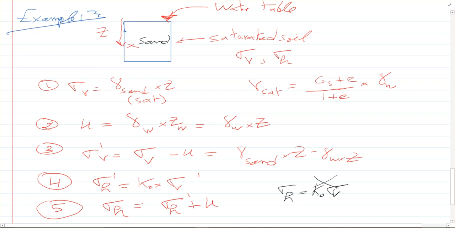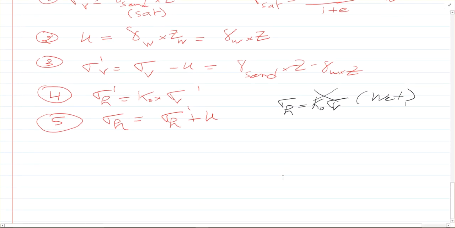No, this is wrong. For wet soils this is wrong. Why? Because K naught is solely defined as the ratio between sigma H dash and sigma V dash, which is not equal to the ratio of sigma H and sigma V. It's not equal.